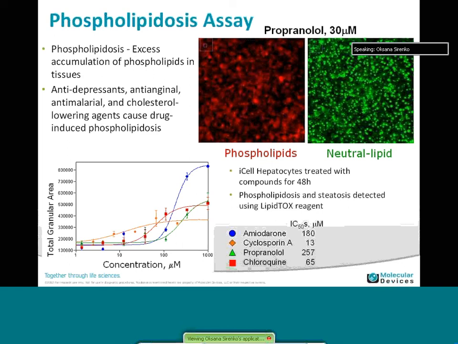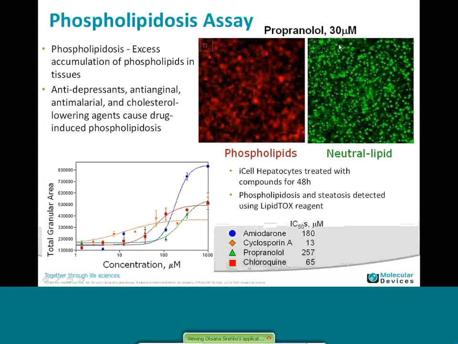Excess of those agents may accumulate in lysosomes and then result in accumulation of phospholipids, which can lead to myeloid bodies formation. So phospholipidosis is an important concern in drug development and could be used for safety assessment of different drugs. So we have used LipidTOX reagent from Invitrogen.